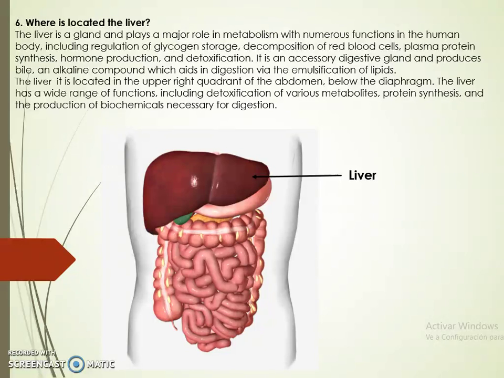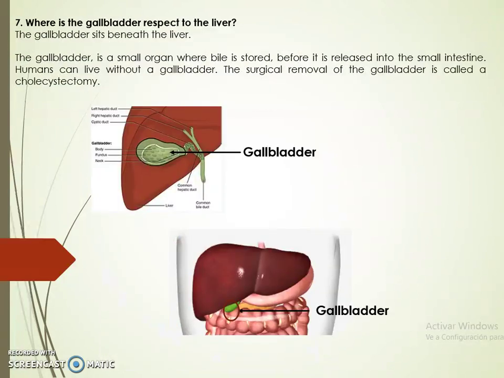The liver is located in the upper right quadrant of the abdomen, below the diaphragm. The liver has a wide range of functions, including detoxification of various metabolites, protein synthesis, and the production of biochemicals necessary for digestion.